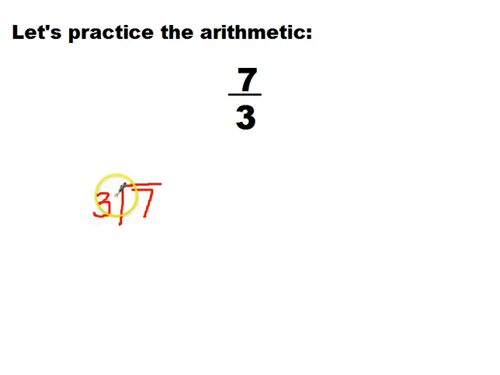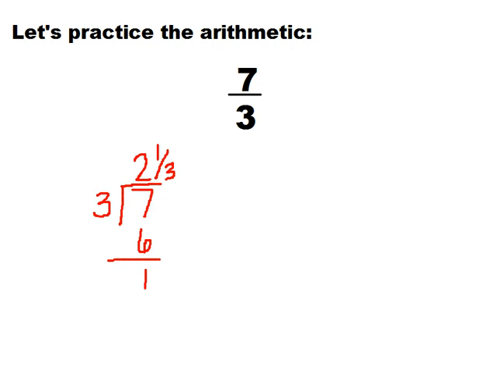Something is divided into thirds, and we have 7 of them. So 3 I could put into 7 twice. 3 times 2 is 6. Subtract, that's my remainder, because 1's less than 3 and I'm out of digits. So we'll write the remainder as a fraction. So we have 2 wholes and 1/3 of a third one. That really is all there is to it.